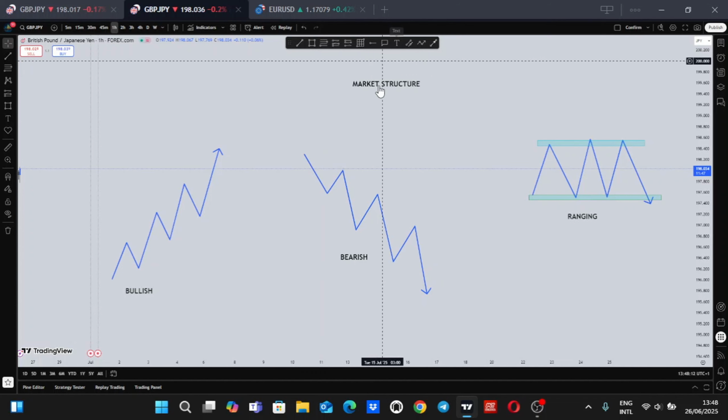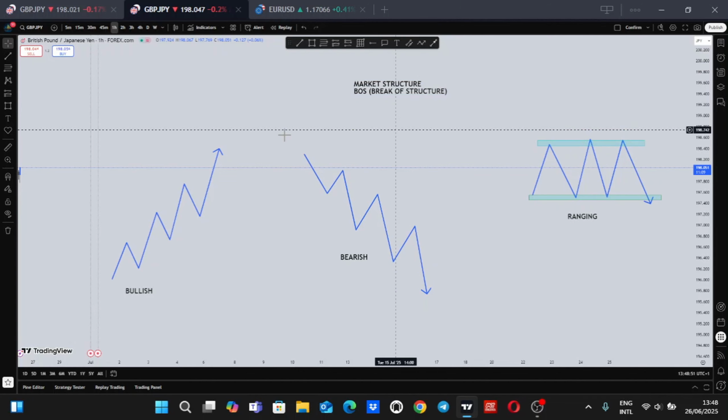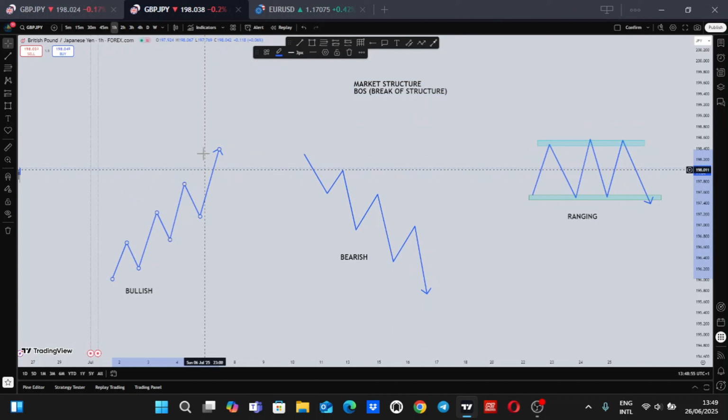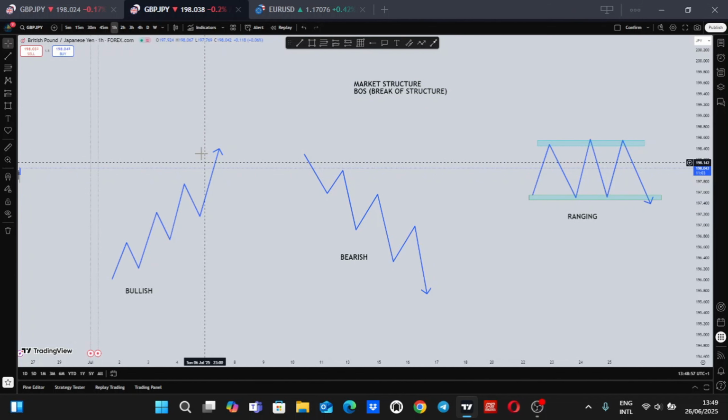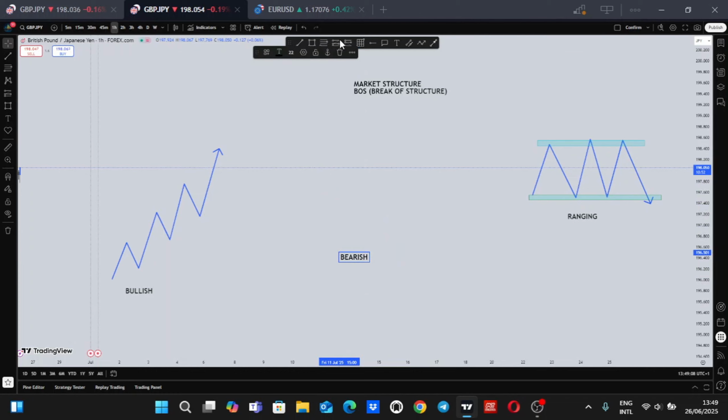All right. So the next confluence to look out for is break of structure. After identifying the market structure, let's assume you notice the market is bullish. Let me delete these other drawings first.